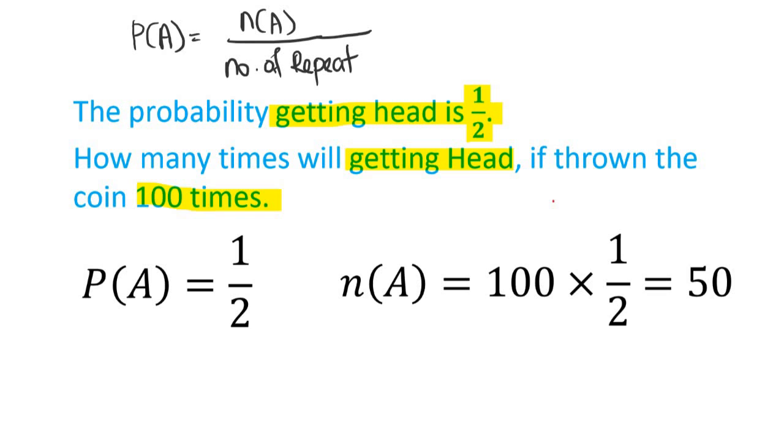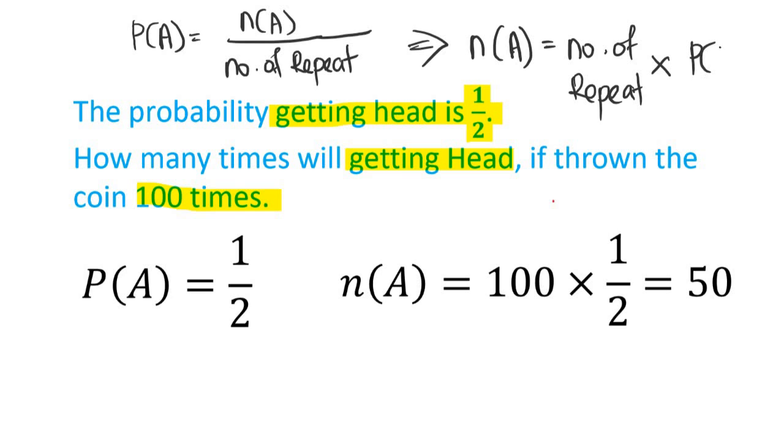In other words, we can have another formula: number of event A is equal to the number of repeats multiplied by the probability of A. This all comes from the original formula.